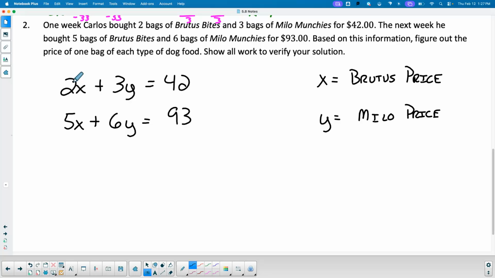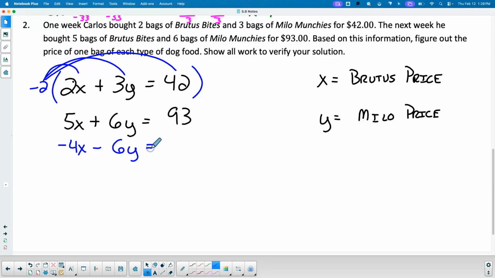Except one's got to be positive and one's got to be negative, right? So I'm going to multiply the top equation by negative 2. So that negative 2 has to go into all of those spots. And then that gives me negative 4x minus 6y equals negative 84.